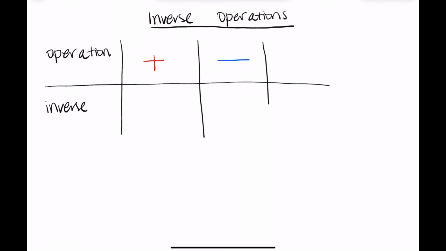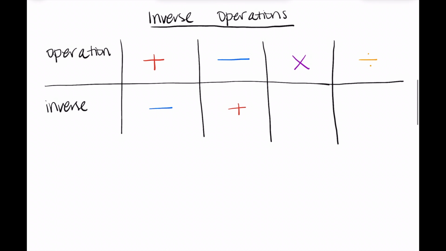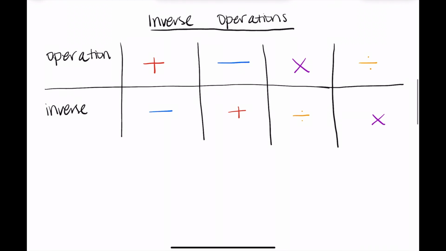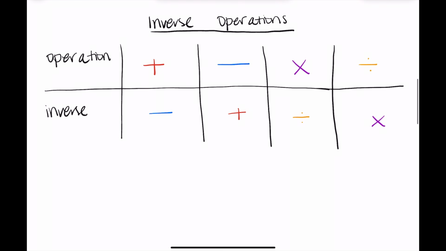If we go through our four main operations, which would be addition, subtraction, multiplication, and division, the inverse operation of adding is just subtracting. The inverse operation of subtracting is adding. The inverse of multiplication is division. And the inverse of division is multiplication. So if this is new information for you guys, I would write this little table on the side of your sheet, so when we get to the practice problems, you'll be able to quickly refer to it.